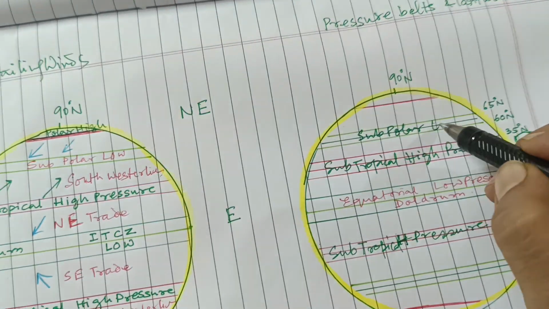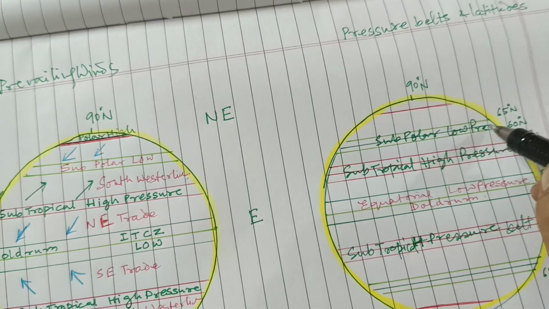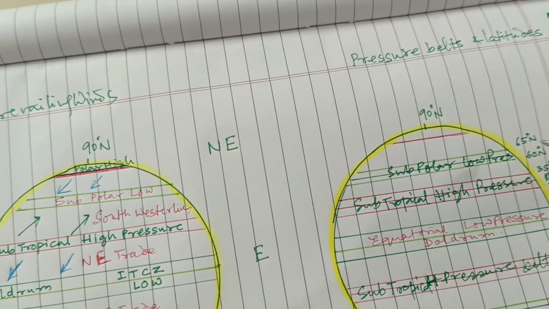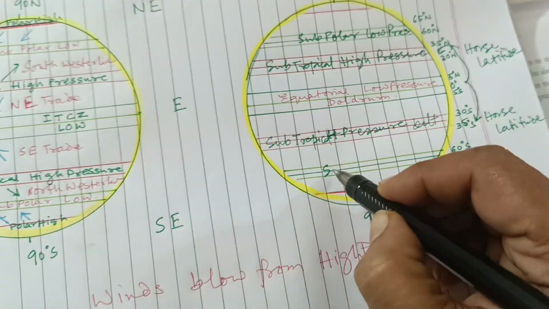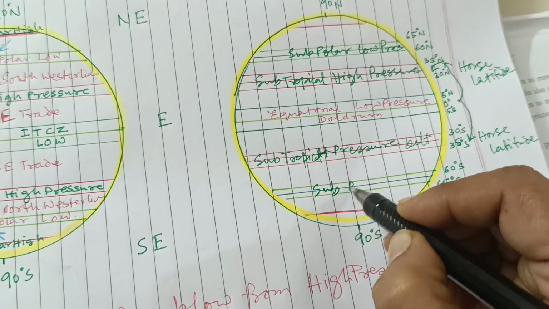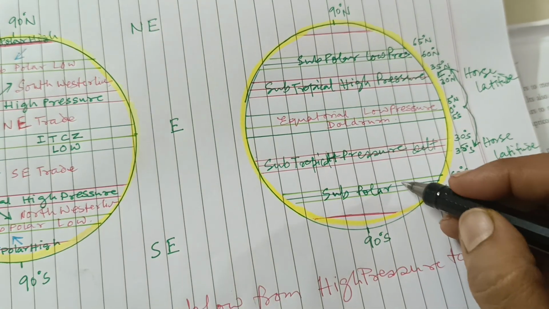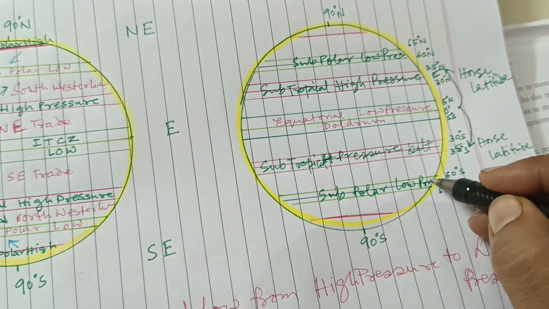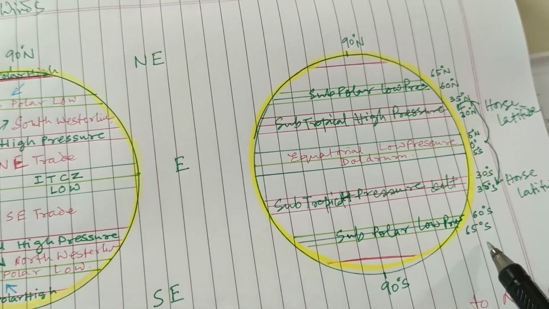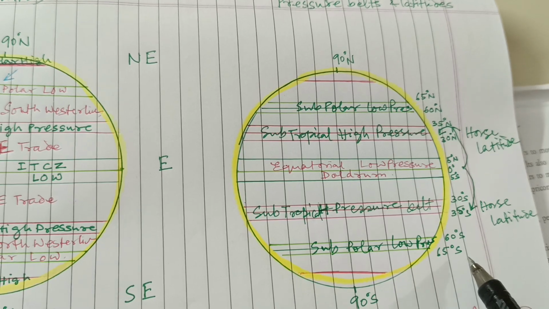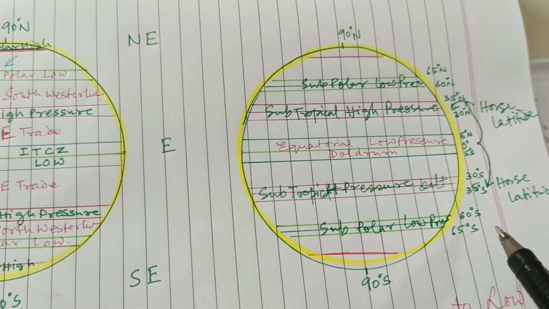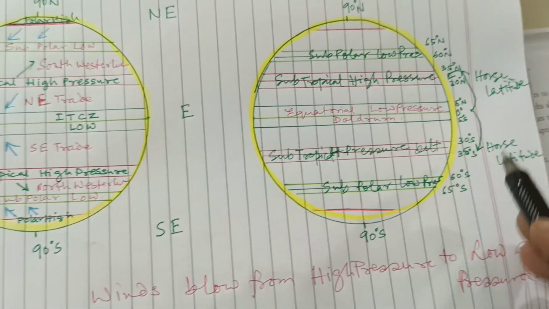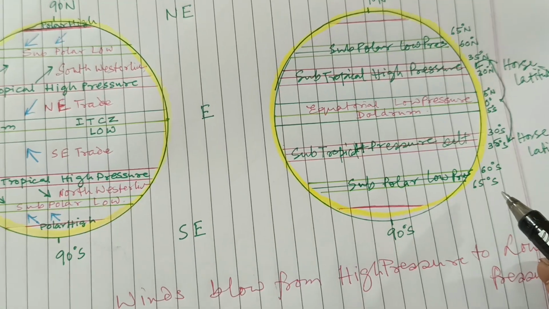The subpolar low pressure zone is also created in the southern hemisphere. So 60 degrees south to 65 degrees south, we are also getting it in the southern hemisphere.